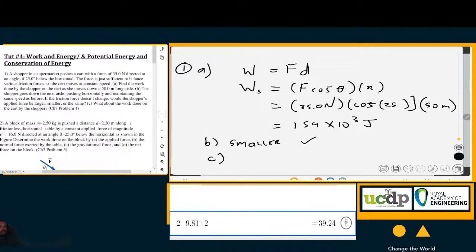What about the work done on the cart by the shopper? Okay. So since the horizontal component of the force is less in part B, the work performed by the shopper over that same 50-meter distance is the same as in part B.